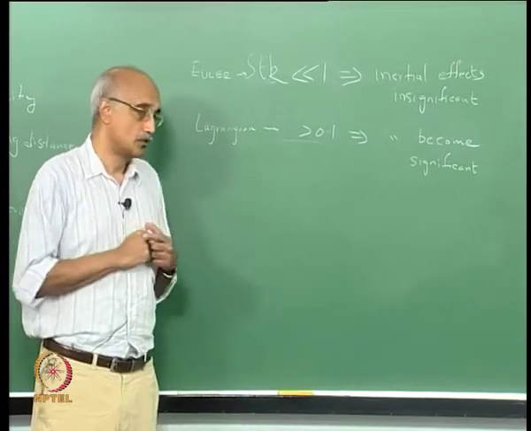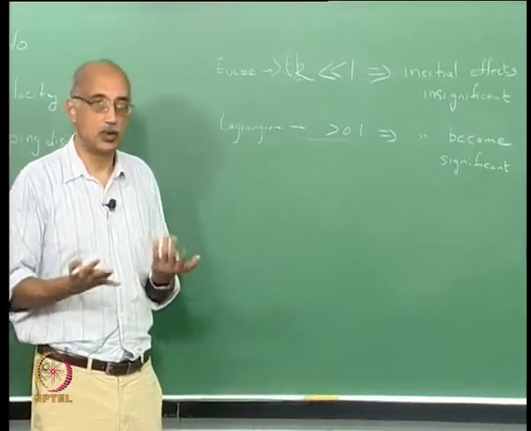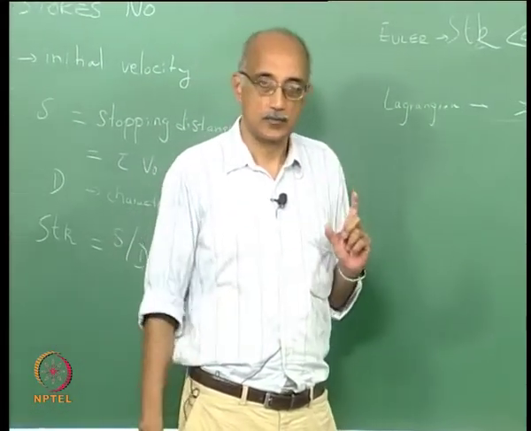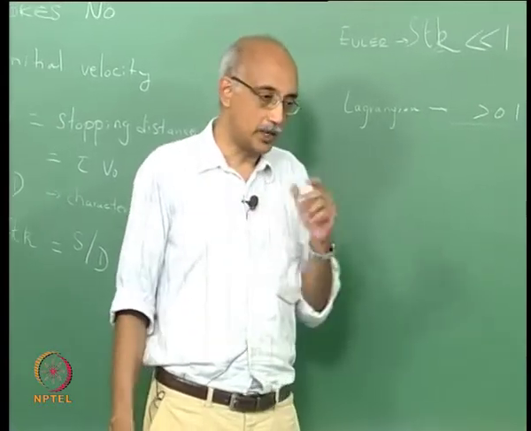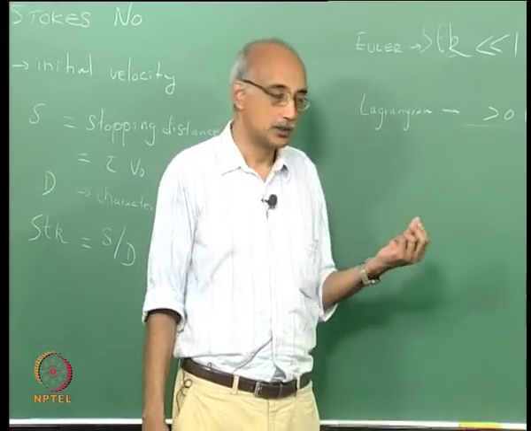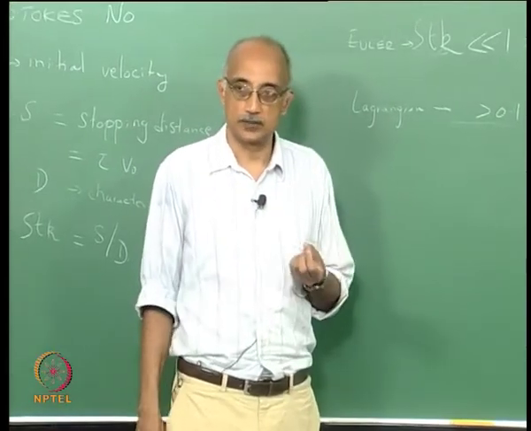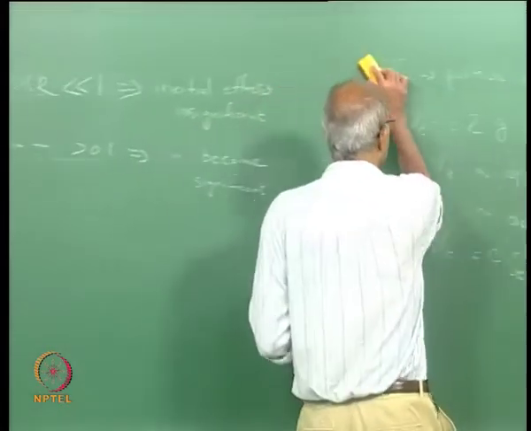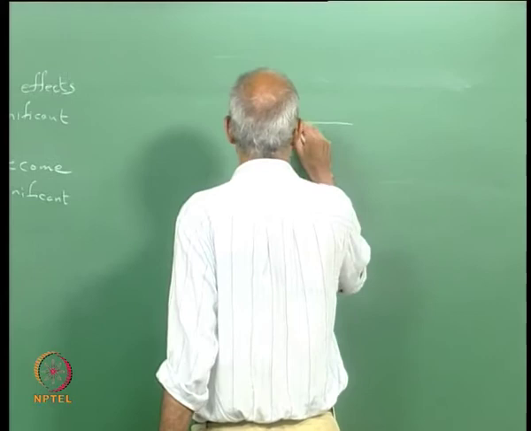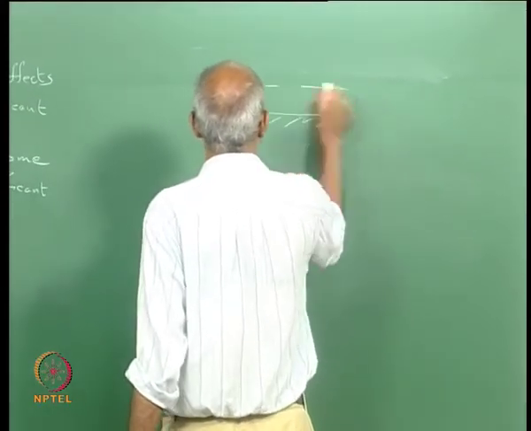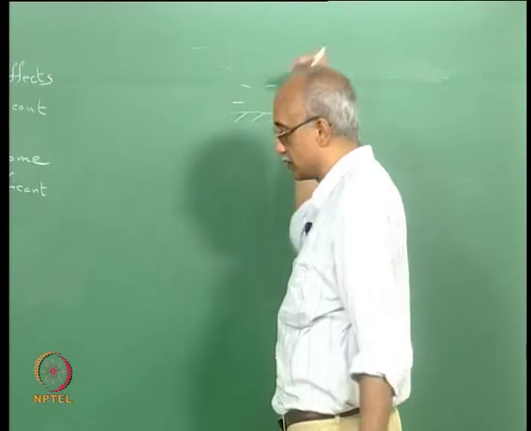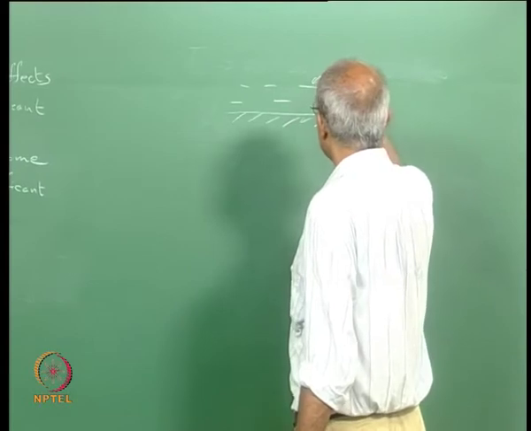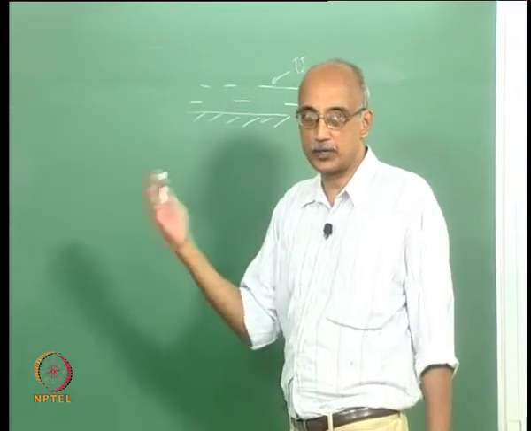So, from a flow analysis viewpoint, from a fluid dynamic modeling viewpoint, from a CFD viewpoint, the Stokes number makes a huge difference. And in terms of particles collecting on a surface, again, Stokes number has a huge influence. There is a parameter called collection efficiency. So, if you have a surface and you have a flow on top of it, which can be either parallel to the surface or perpendicular to the surface, let us say that this flow is characterized by some velocity u far away from the surface.